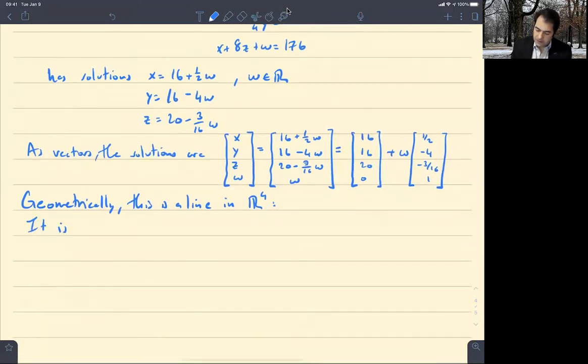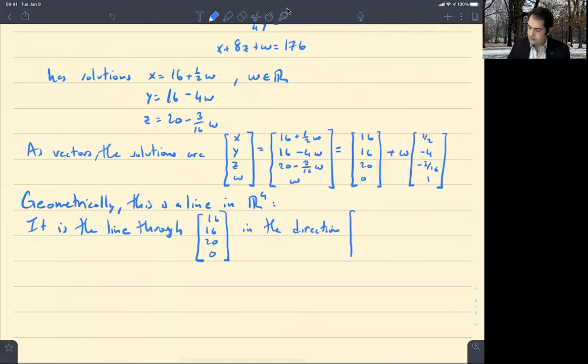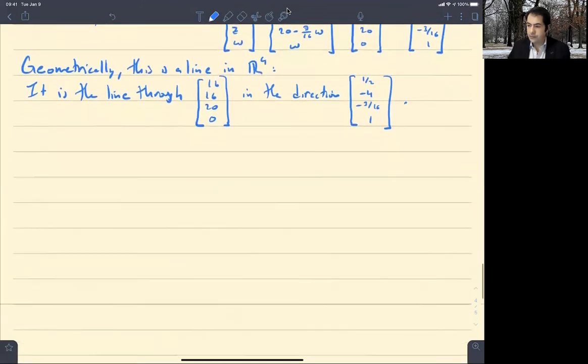It is the line through the point (16, 16, 20, 0) in the direction (1/2, minus 4, minus 3/16, 1). Right? So even though I can't draw it in R4, the picture in R2 tells you what this is going to look like. It's just you take this line and you translate it to the end of this vector. Right?